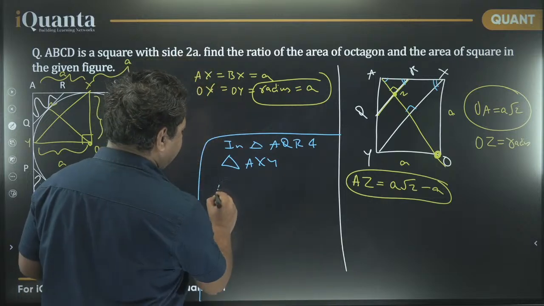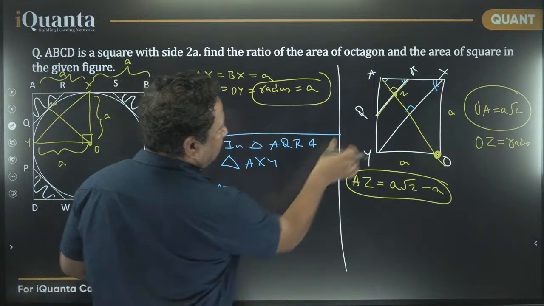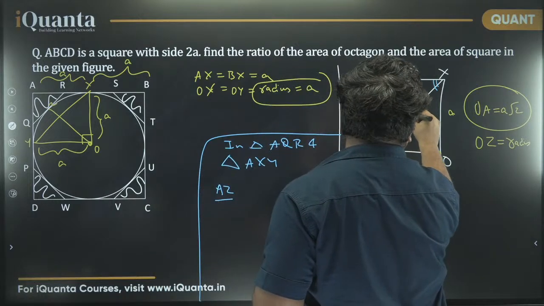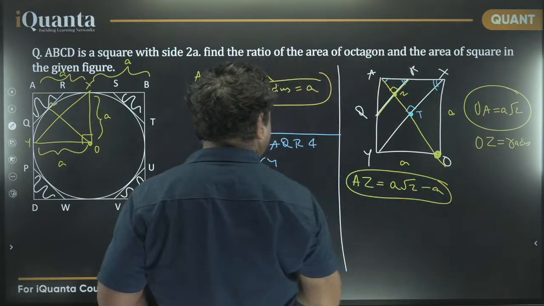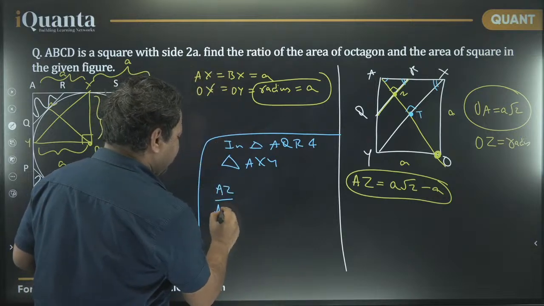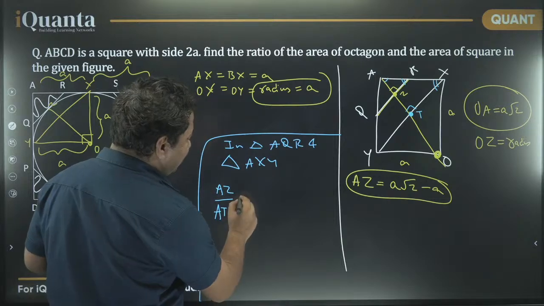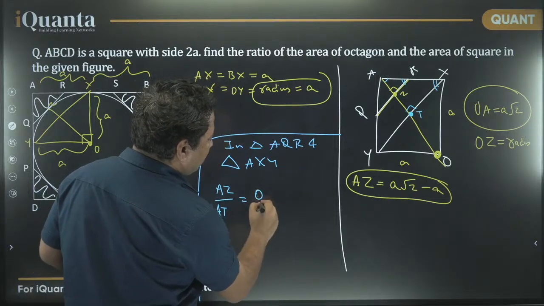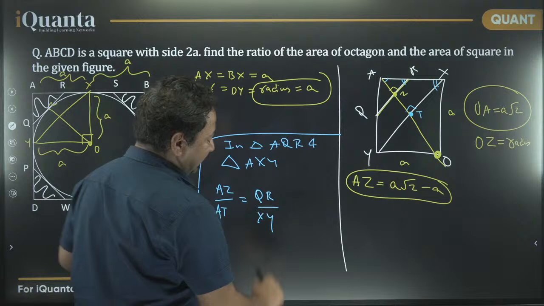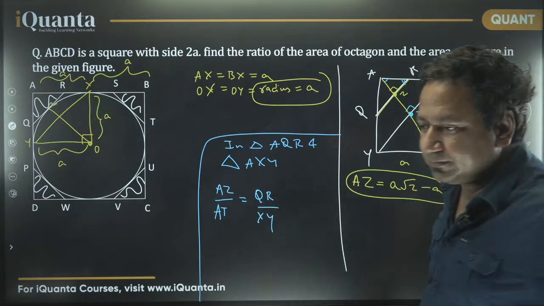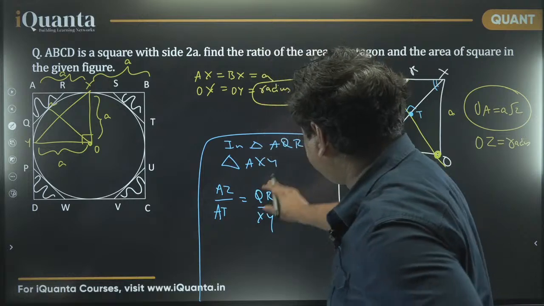So AZ upon, इसको कुछ मान लेते हैं. Let us call it T. AZ upon AT, okay, will be equal to QR upon XY. Is that fine? Is that fine to all of you?